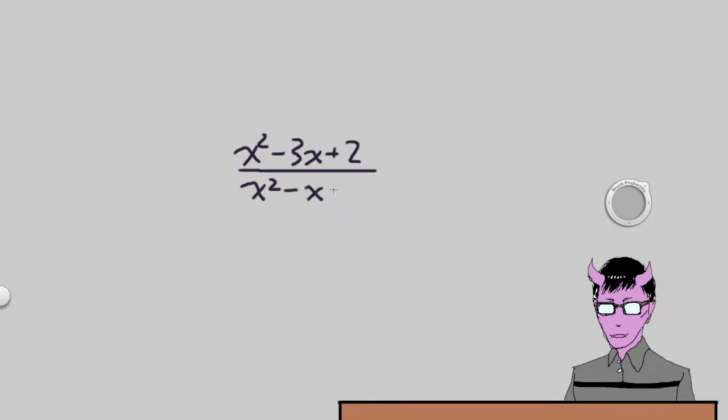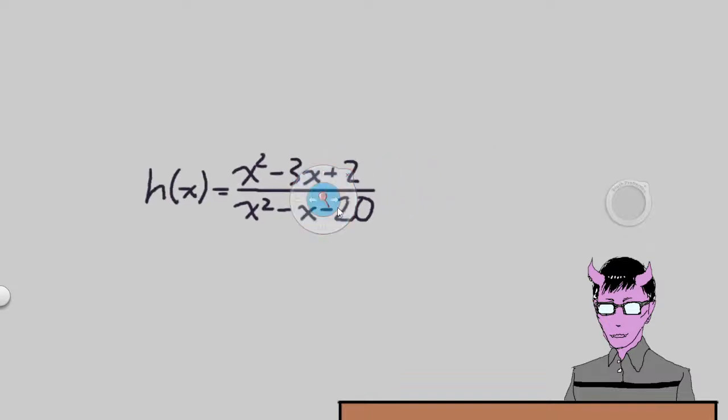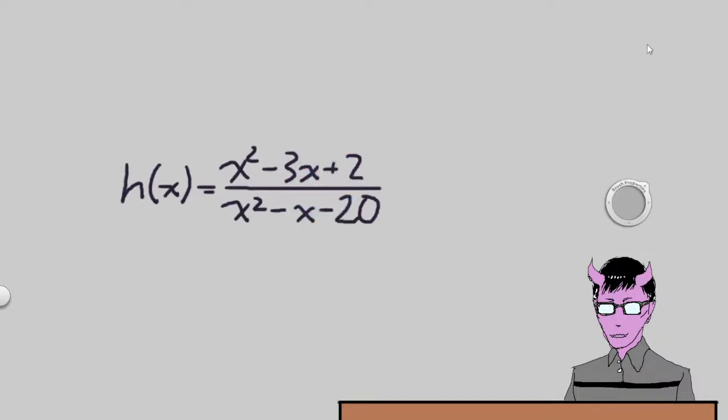Minus 1x minus 3 times 4. No, let's do 4 times 5 is 20. Alright, so this is going to be our h of x. So a lot more complicated looking, but I promise, exact same steps as before.